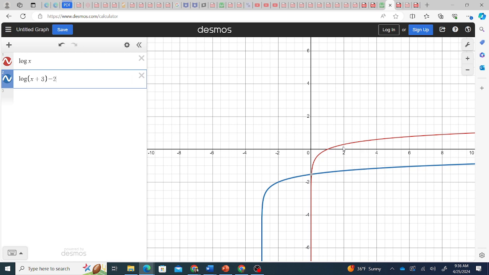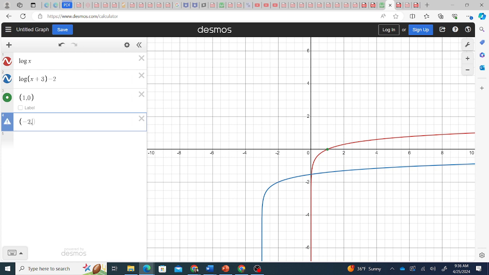So look at the parent graph, right? Matter of fact, let's see if this will work. That's what, 1, 0? And then let's see, what point is that? If I move to the left, that's -3.